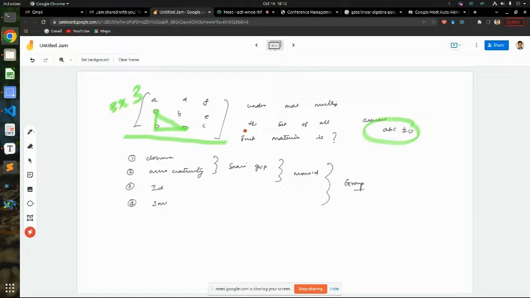So basically, what we are considering is a set of 3 cross 3 matrices that are all upper triangular in nature, and further those upper triangular matrices are invertible, or have determinant not equal to 0.